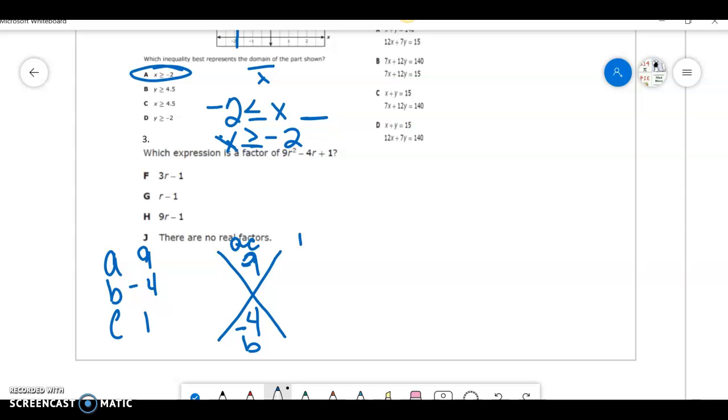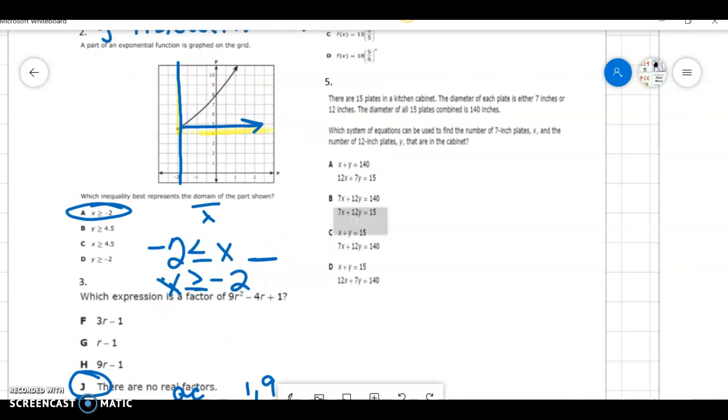So my factors of 9 are 1 and 9 and 3 and 3. Now, because this 4 is negative and my AC is positive, these are both negative. None of these are going to work for us. We're not going to be able to factor that because we can't have any of these that equal 4. Let's come up to the next one.